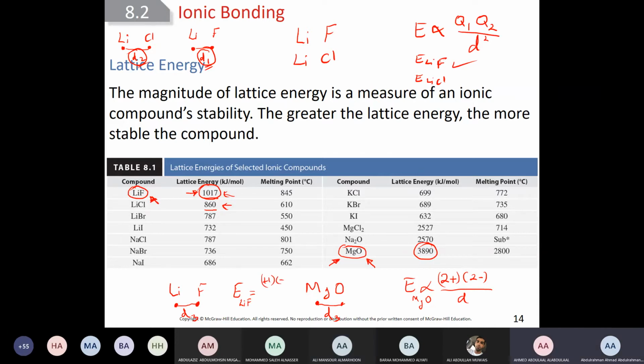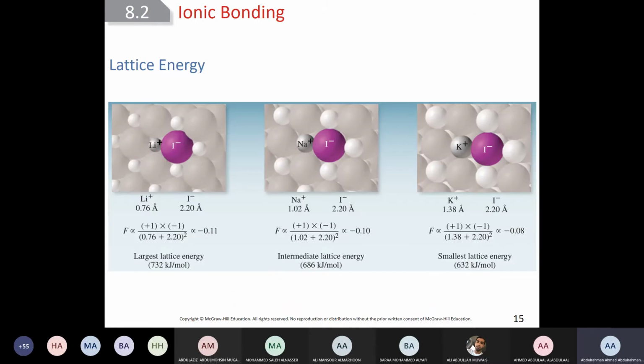Approximately, I told you. You don't know it, I am telling you now. It's approximate. It's not exact, but they are very close. Divided by D squared, and in all cases, this is 4 times. Is this clear now? Let's compare now. Which one do you expect to have higher E: lithium fluoride, lithium iodide, or sodium iodide?